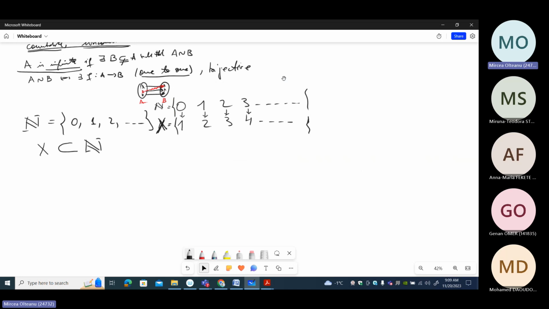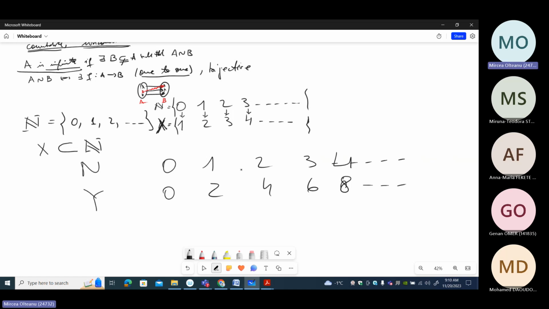Of course, there are many other proofs that the set of natural numbers is infinite. Here you are another one. Here we have the set of all natural numbers, and here we have the set, let's call it Y, the set of even numbers.